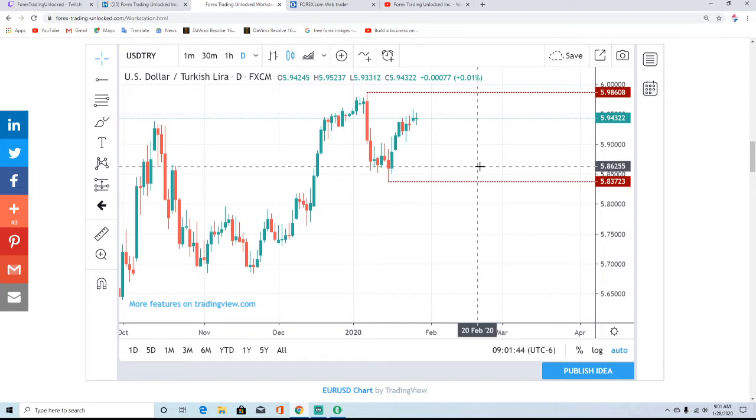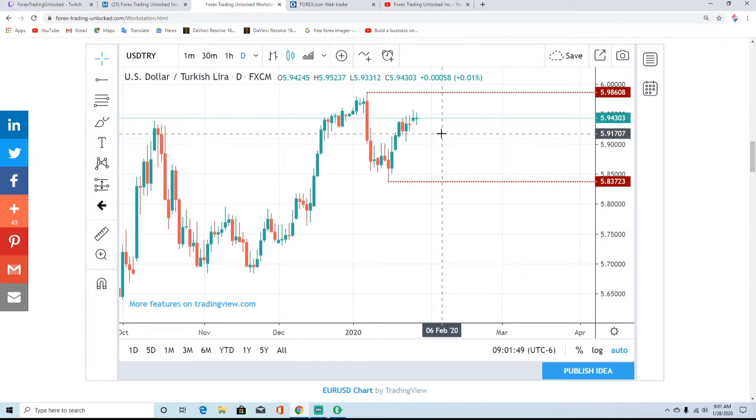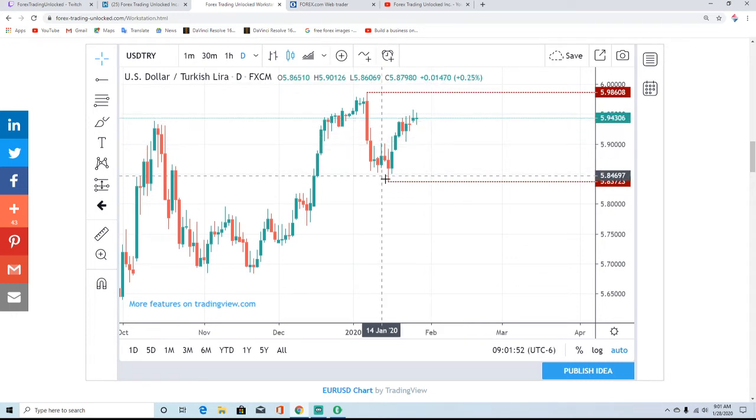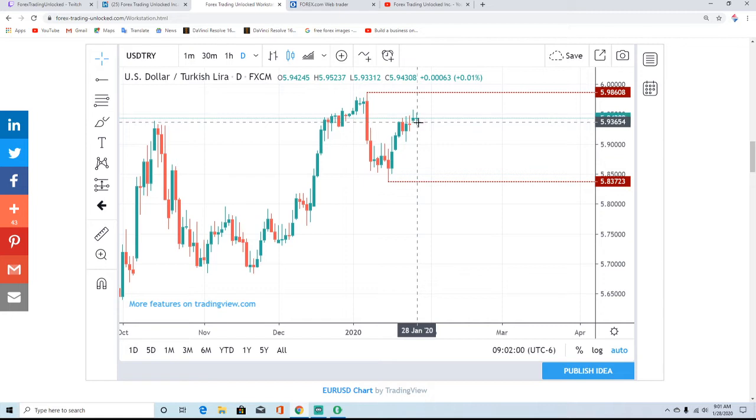A failure back down to this 583 area is right now not really on the table, but if it does fall back here, if we take out this last swing low, that would be a very bearish indication that the current rally was just a corrective slide, giving you the next best sell before we really start to take this market lower.